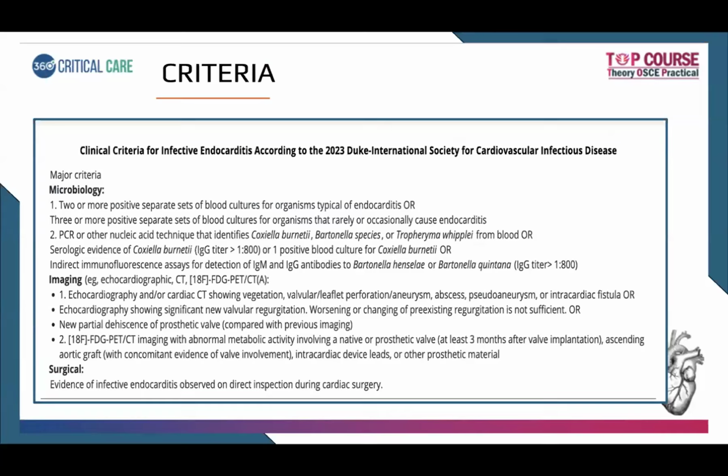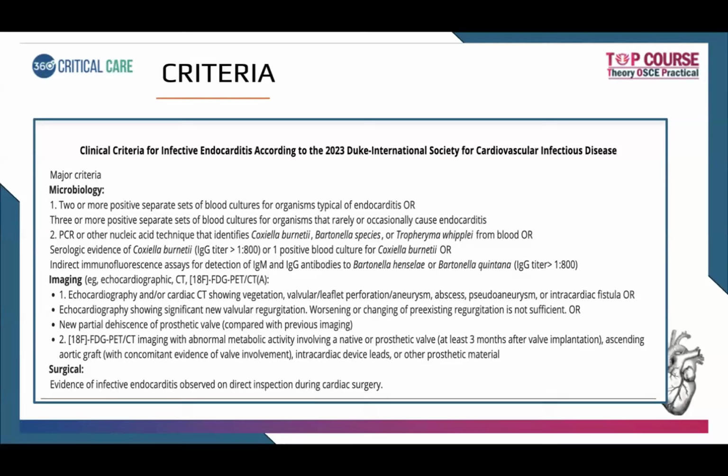The major criteria: 2 or more positive separate sets of blood cultures for organisms typical for endocarditis, like Staphylococcus, Streptococcus, Enterococcus, which are the most common ones, or 3 or more positive separate sets of blood cultures for organisms that rarely or occasionally cause endocarditis. So the primary thing is that we have to send at least 2 or more separate blood cultures.